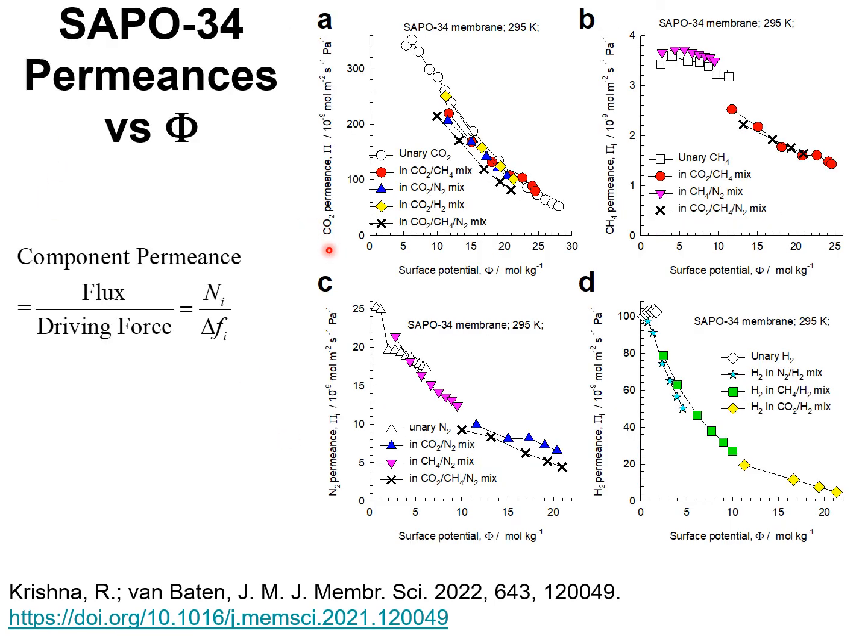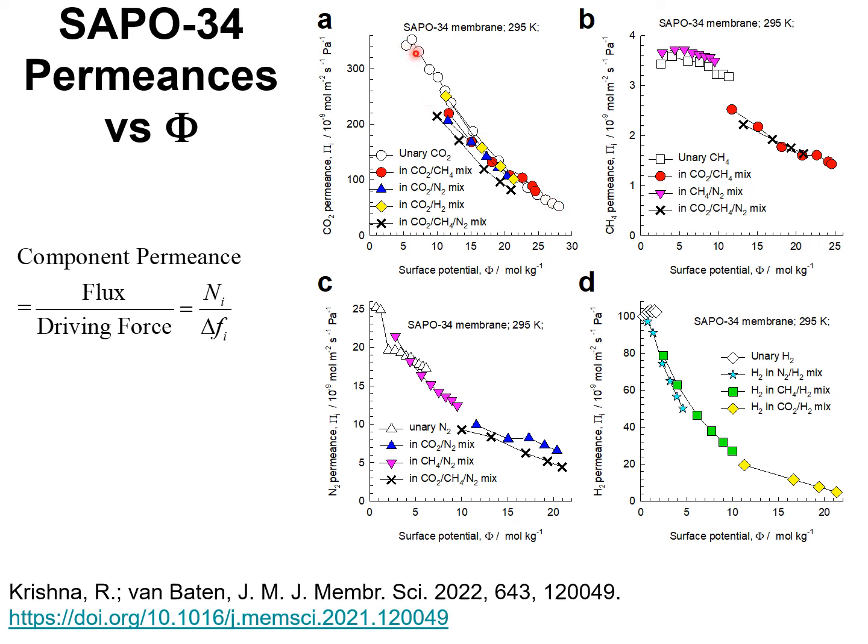The experimental data on the component permeances of CO2, methane, nitrogen, and hydrogen are plotted against the surface potential in this figure.